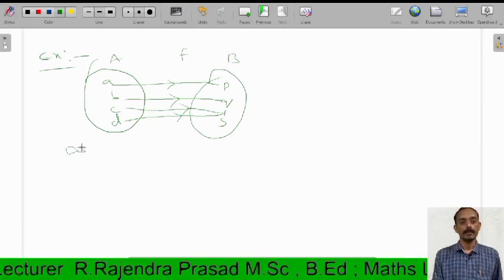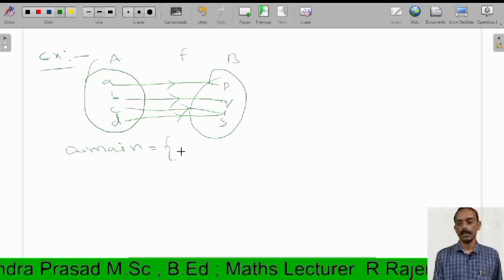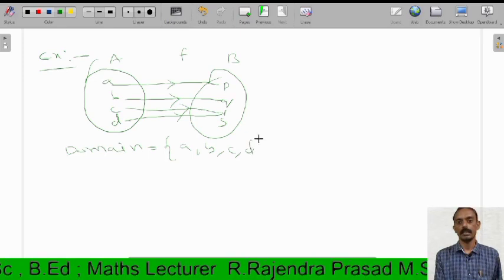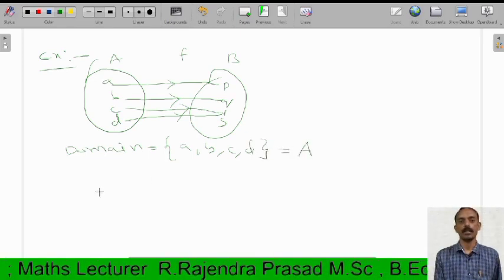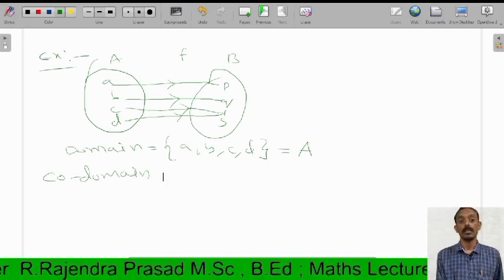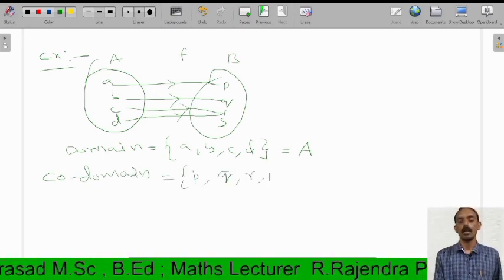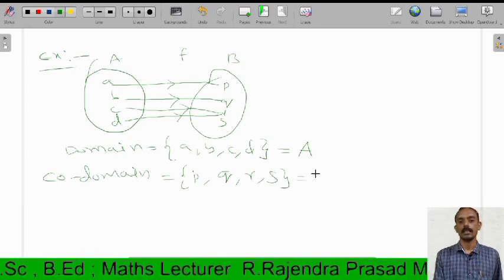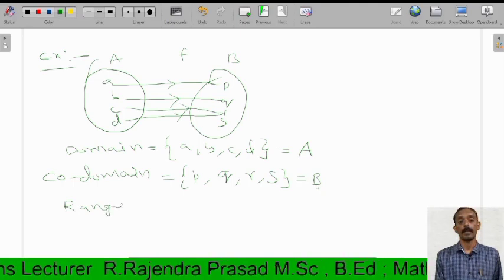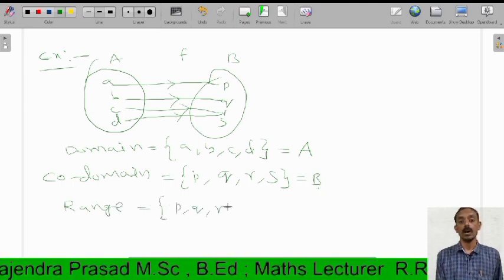Domain equals set A, that is A, B, C, D. Codomain equals P, Q, R, S, which is B. Range equals P, Q, R.